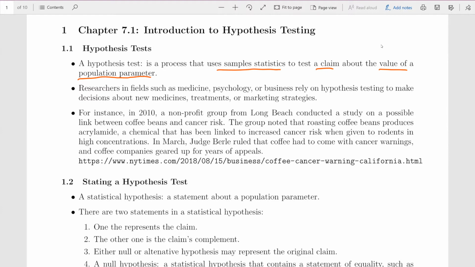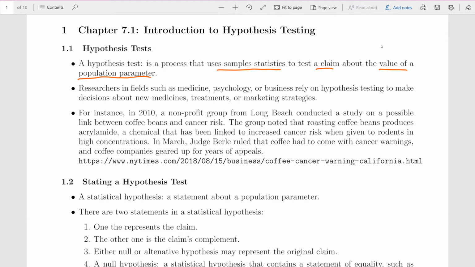From their experiments, they noted that there's a possible link between roasting coffee beans and the likelihood of getting cancer, because roasting coffee beans produces acrylamide, a chemical that has been linked to increased cancer risk when given to rodents in high concentrations.